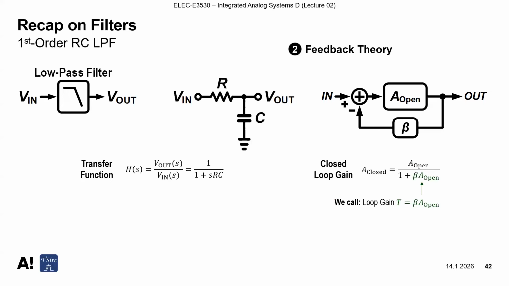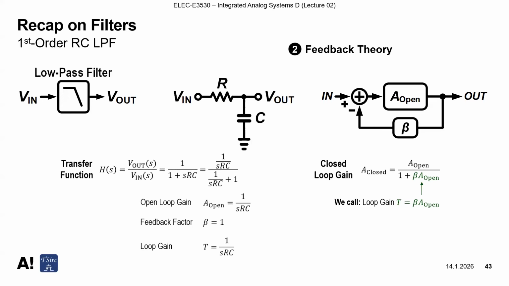And as I explained, we call this component, beta times open loop gain, the loop gain T. For the transfer function, we can rewrite it in this format to mimic the same structure of the closed loop gain equation. Our open loop gain becomes 1 over SRC when we assume this, because we have a numerator here.